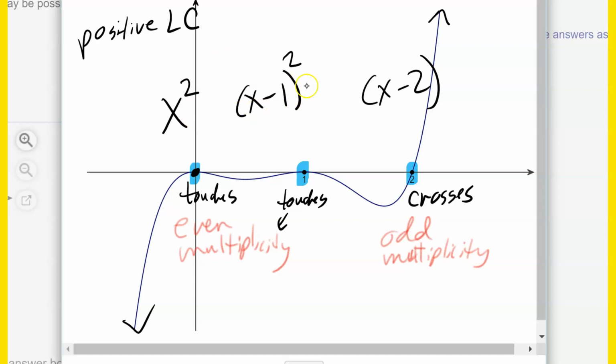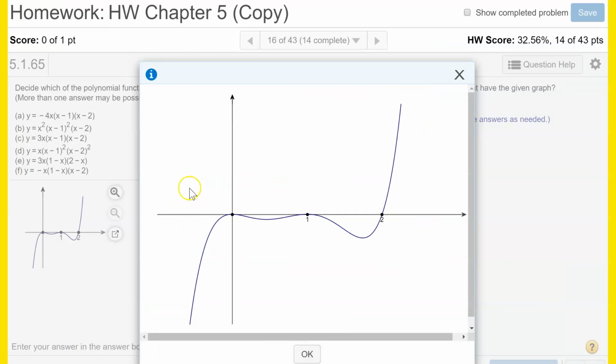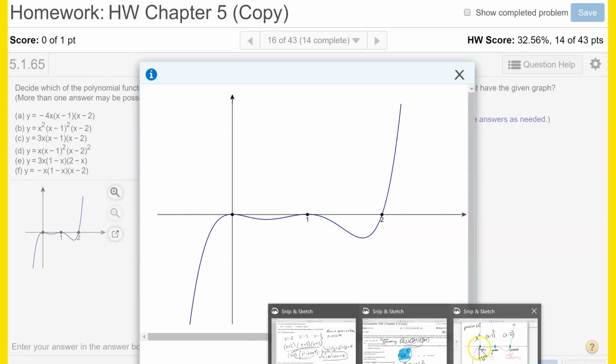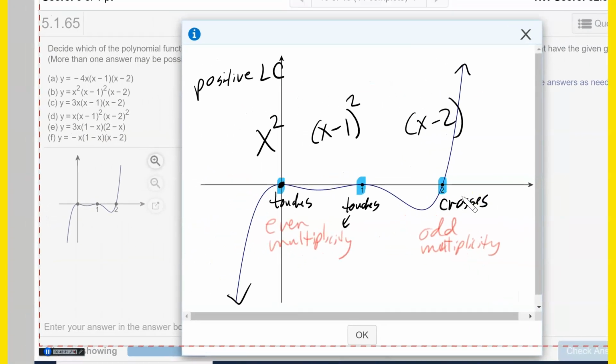X squared, x minus 1 squared, x minus 2. All right, let me look at these answers. X squared, x minus 1 squared, x minus 2. There's a good answer.